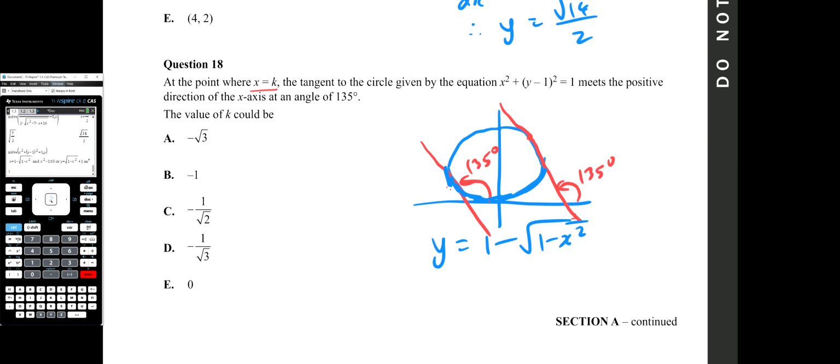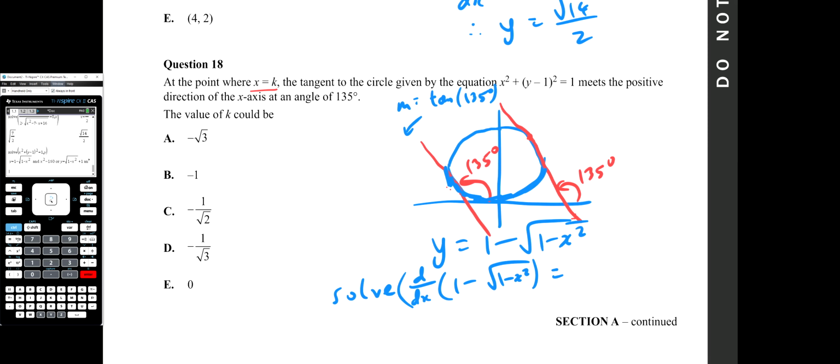So in other words, what we need is we need to take the derivative and equate that to tan of 135, because the gradient is equal to tan of the angle. So tan 135. So what we need to do is basically do a solve on the CAS and then take the derivative of 1 minus root 1 minus x squared, and then equate that to tan of 135 and solve that for x.